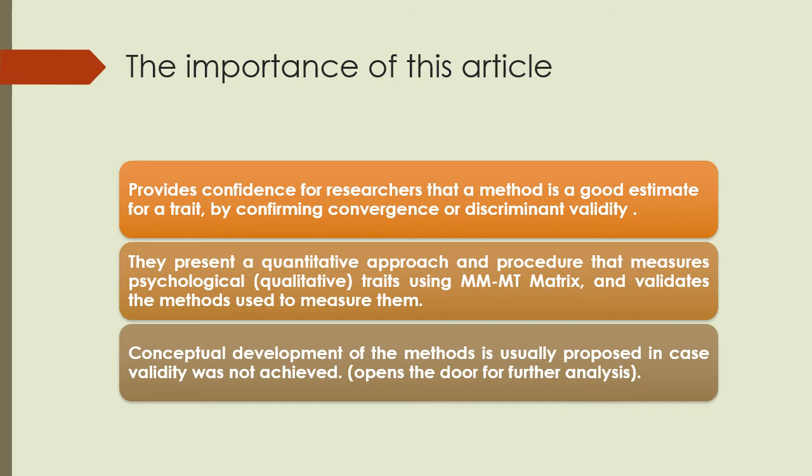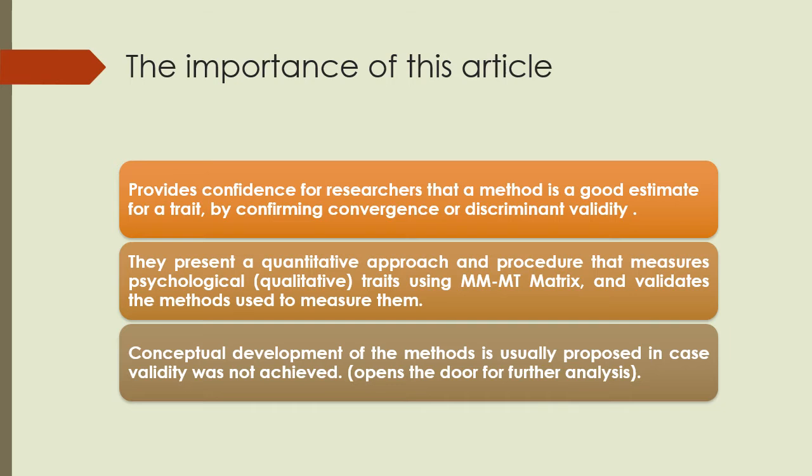But what really is important in this research is that they did not stop the research in case the validity was not met. So they opened the door for a lot of conceptual development in the methods and the constructs in case the validity was not achieved at the first try, as we saw in the last example.